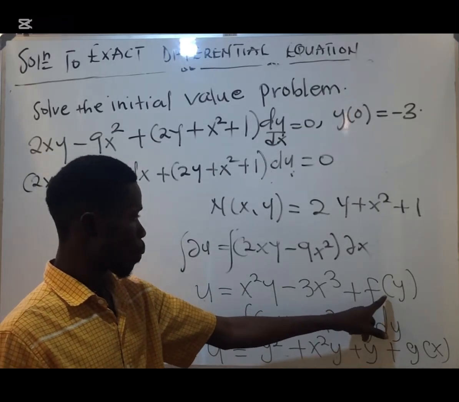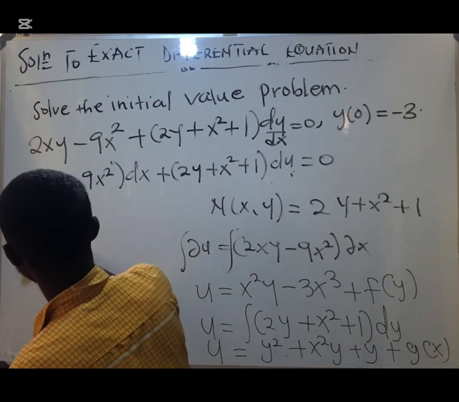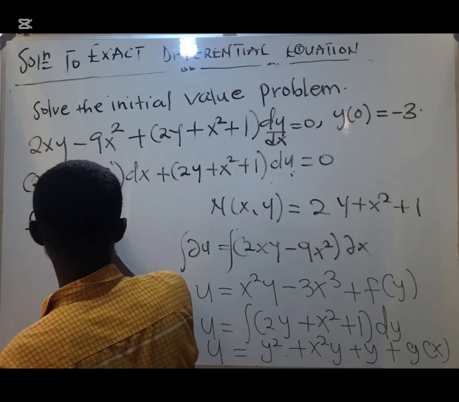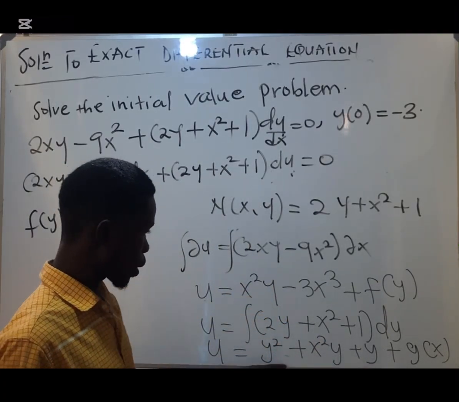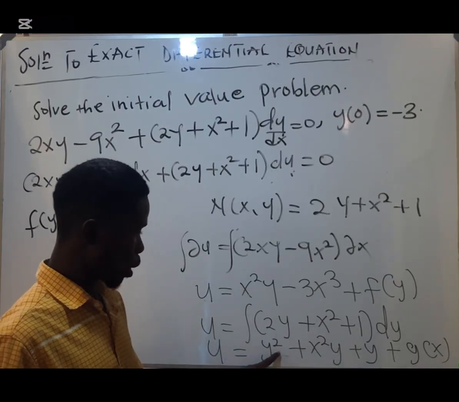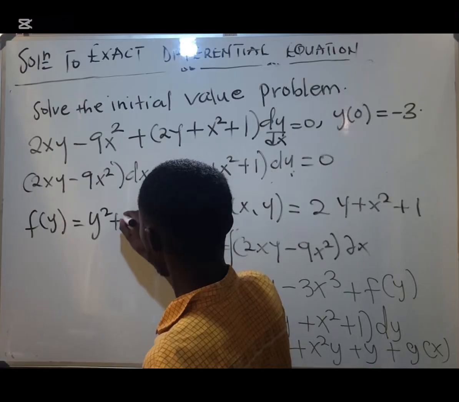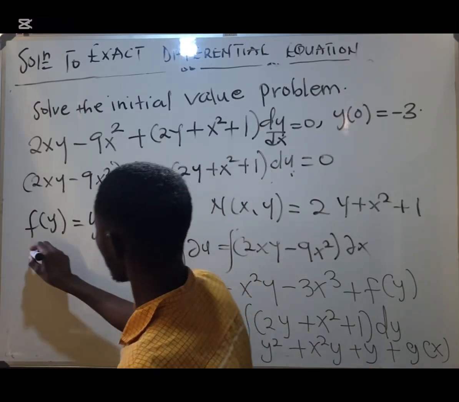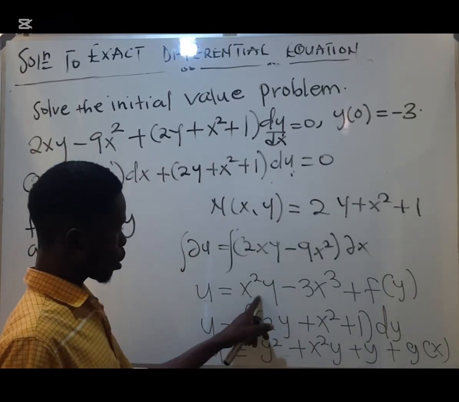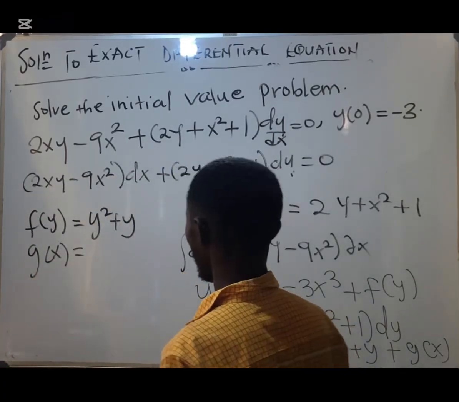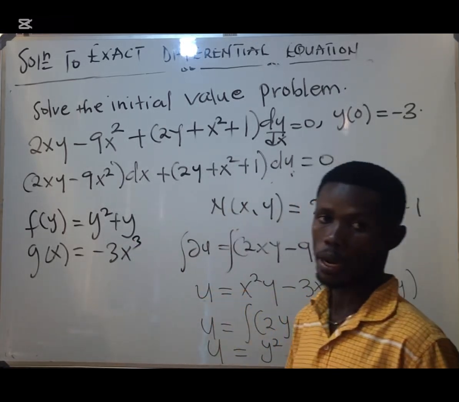If I pick f of y, I'll come to this place and check where I can get y standalone, which is y squared plus y. So this is y squared, this is y. They are all standalone. So this side becomes y squared plus y. Then I'll pick j of x. When I come to this place, this is where x is standalone, which is negative 3x cubed.